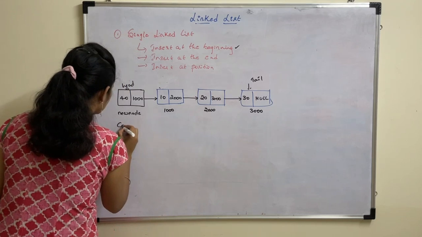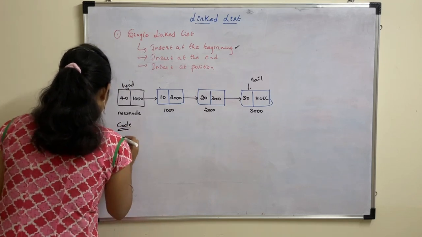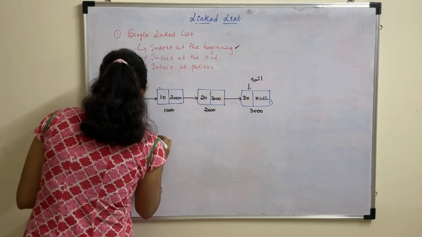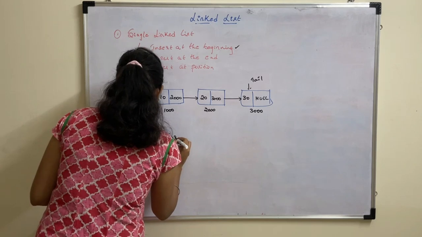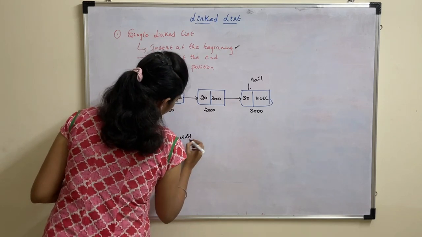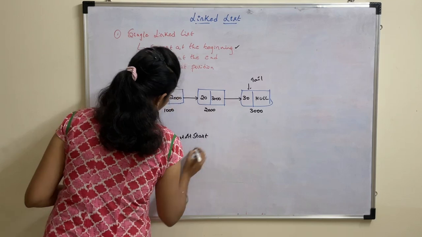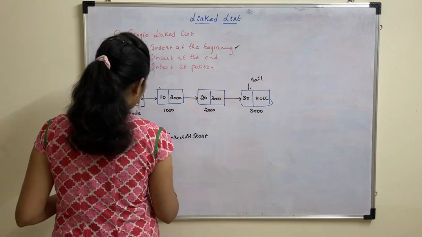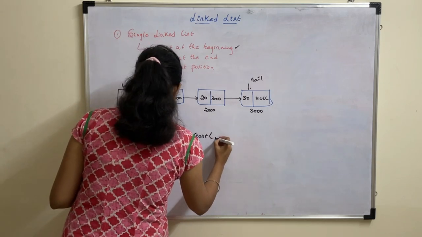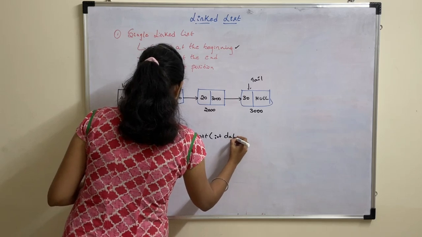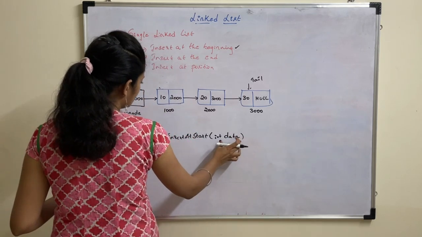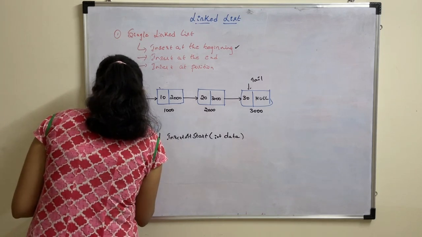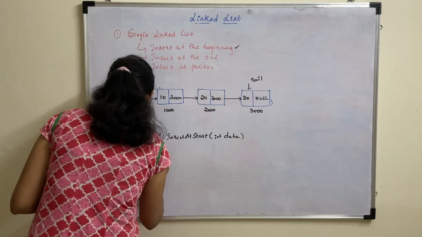I'll write it here. First, public void insert at start. As I am taking the insert at beginning case, I take it as insert at start, with data as the parameter. I'll explain after writing this. Then you need to create a node first.